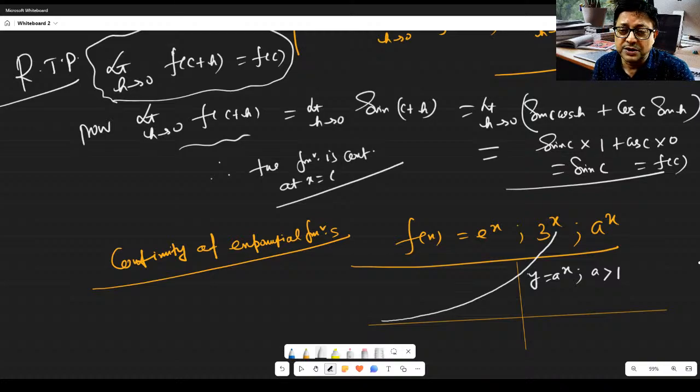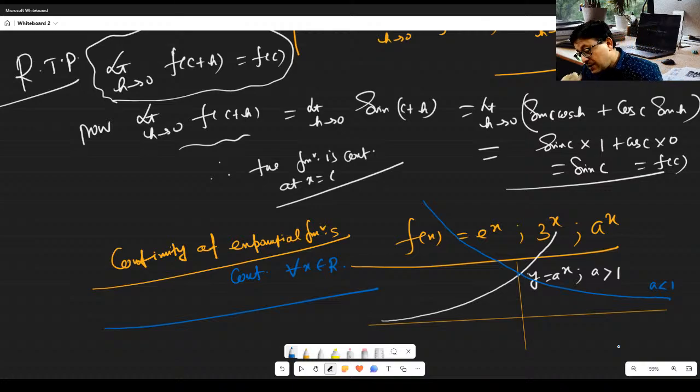That is also continuous. For a less than 1, the graph is going to be like this. This is for a less than 1. Okay, this is a decreasing function, that is an increasing function. So, these exponential functions are continuous. We will write the comment here: continuous for all x belongs to R.